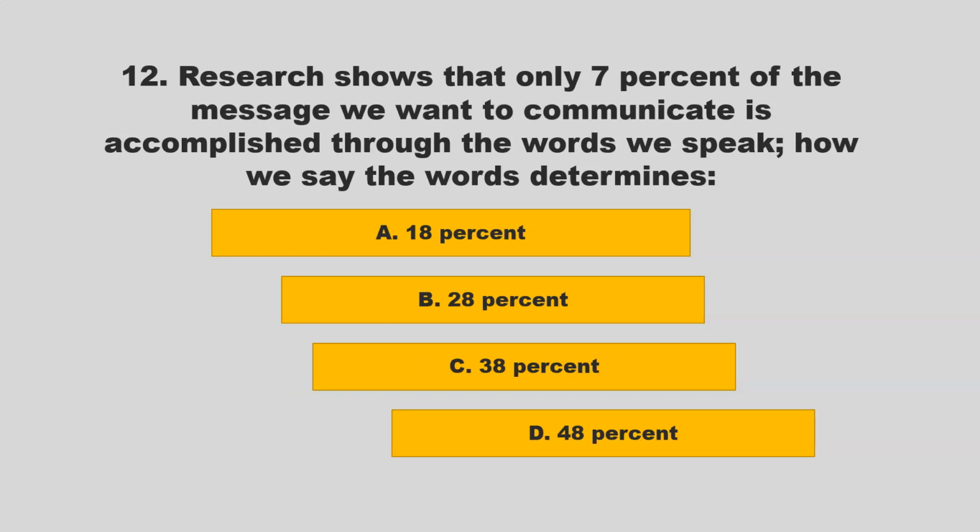Research shows that only 7% of the message we want to communicate is accomplished through the words we speak. How we say the words determines 18%, 28%, 38%, 48%. If you chose C, 38%, you are correct.